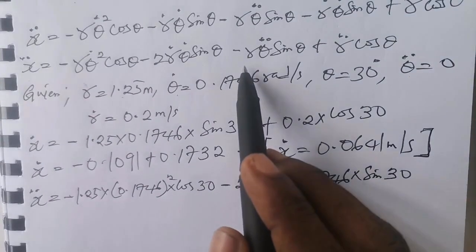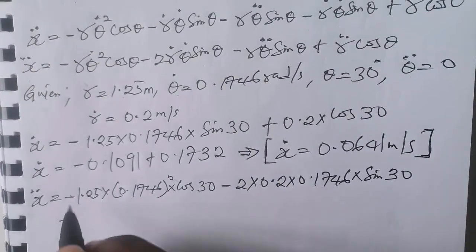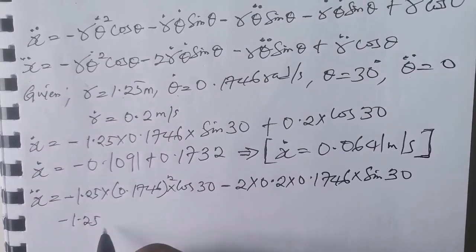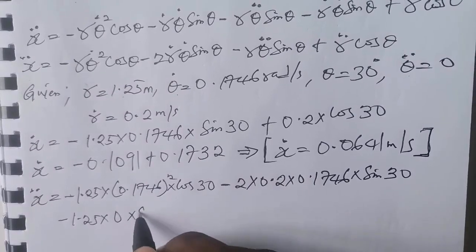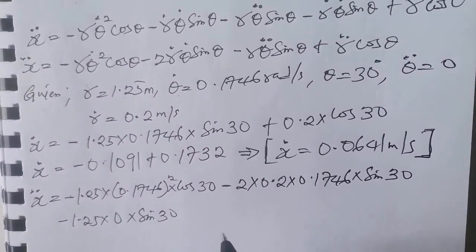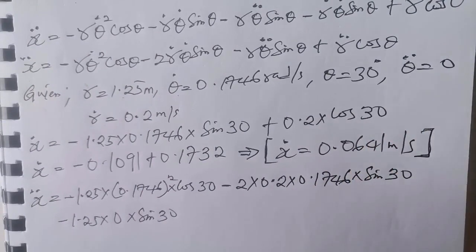Then you have minus r theta dot dot sine theta, so that gives you minus r, which is 1.25, times theta dot dot, which is 0, so multiplied by 0, multiplied by sine 30. And finally plus r dot dot sine theta.